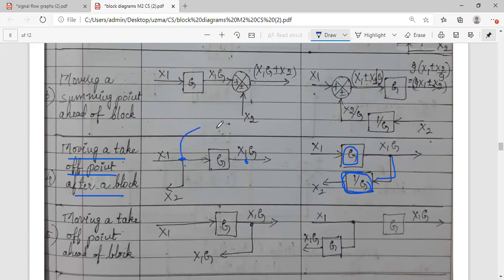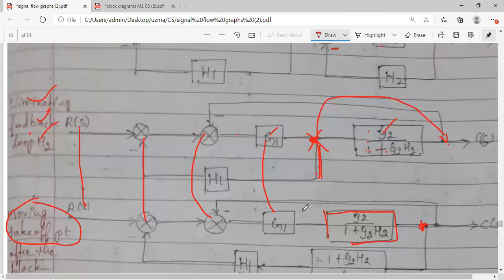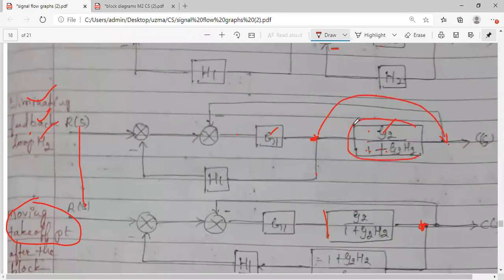When you are taking this after the block, उस पाथ में जो भी गेन वैल्यू है उसका रेसिप्रोकल आपको इस पाथ में ऐड करना पड़ेगा. So coming to that, if I shift this takeoff point after the block, so what is the block I'm getting? This is a bigger term, उसमें numerator भी है, denominator भी है. I am encountering this particular gain block.